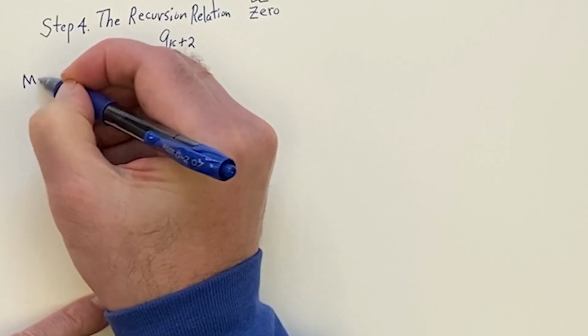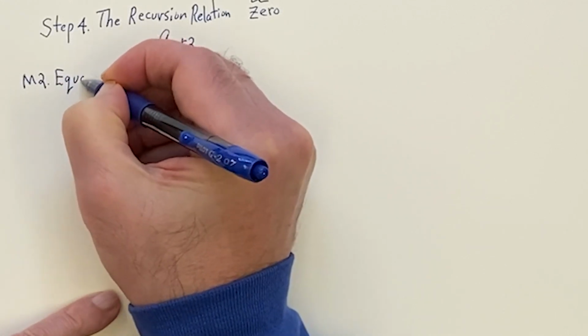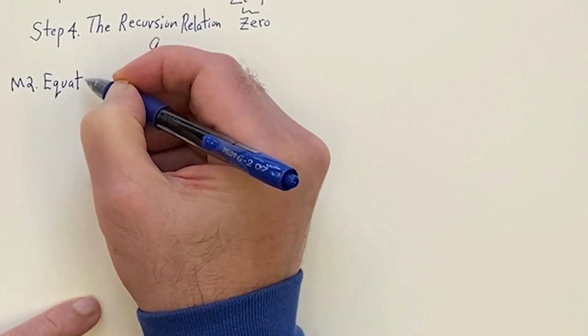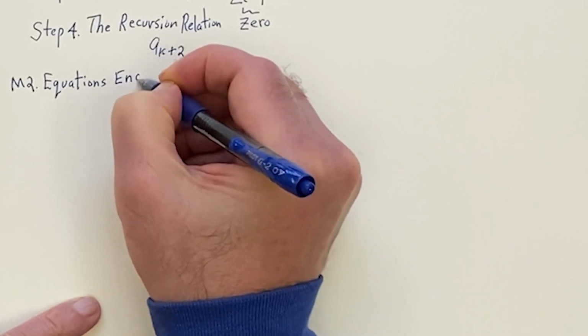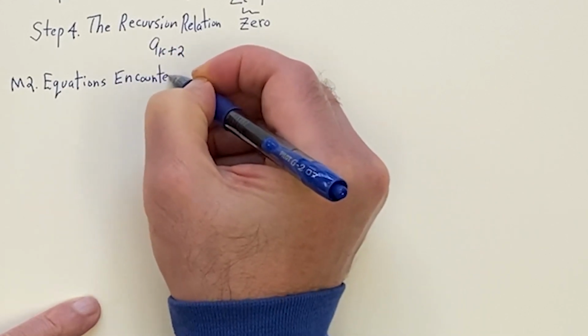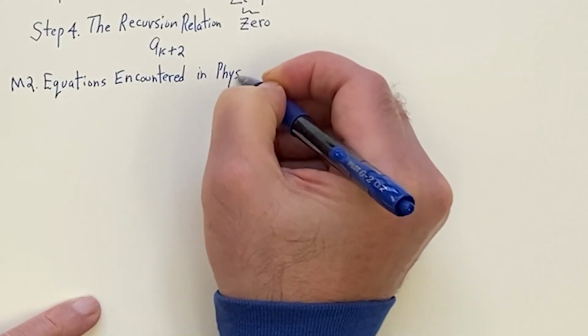And then here, M2, we're going to look at some equations, or at least one, say, equations encountered in physics.